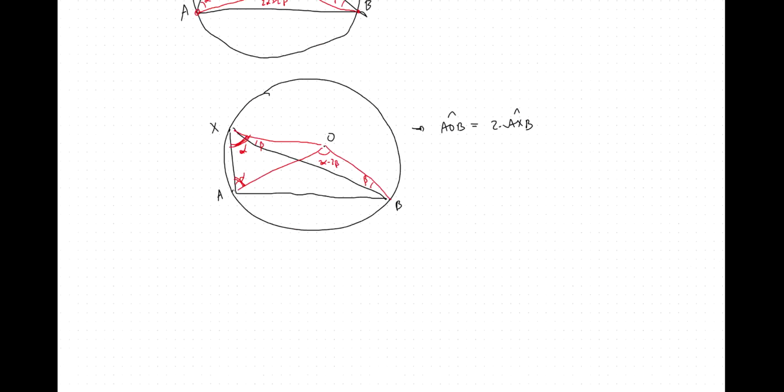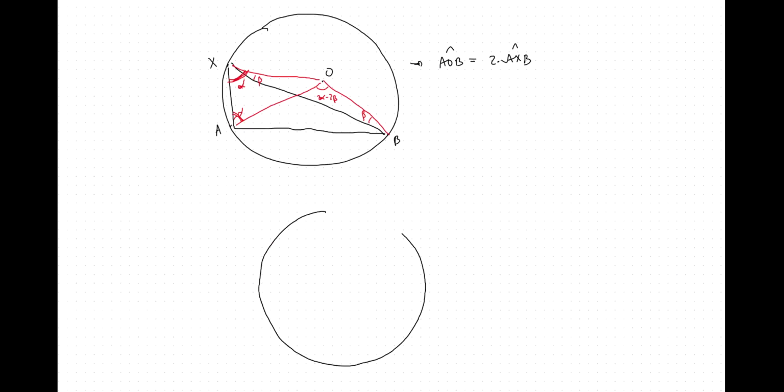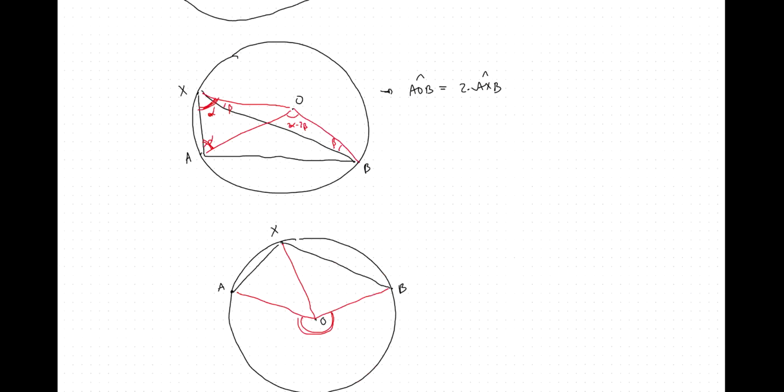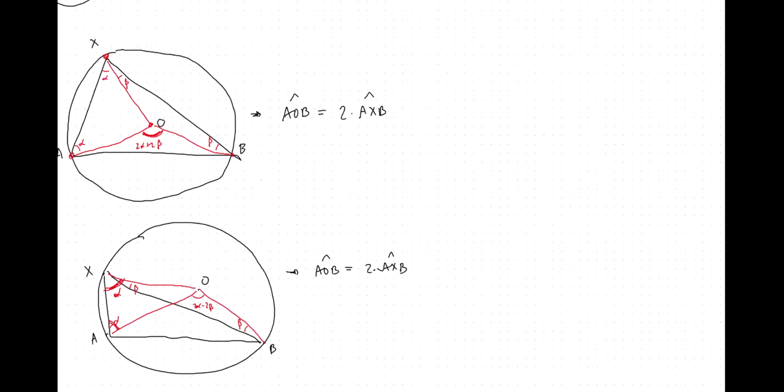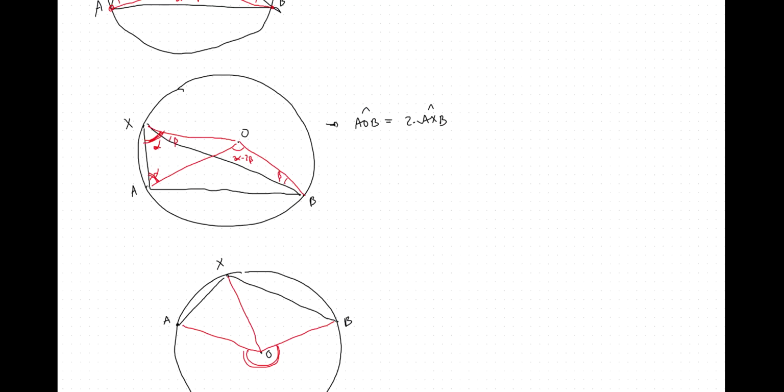But when O is on this side, for example, when AB is like this, then this time, okay, one should be careful. Then this time, this angle AOB is 2 times AXB. There's always some shown AOB is 2 times AXB.